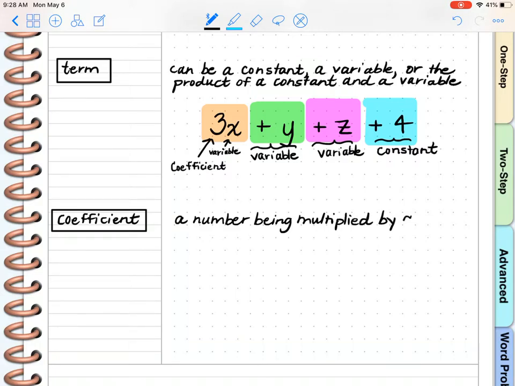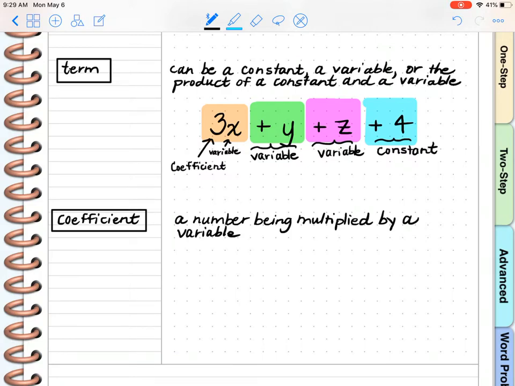And you can see that very clearly in that orange term. A number being multiplied by a variable. So the coefficient is the 3 in that orange term. The variable is the x. And the 3x is one term.